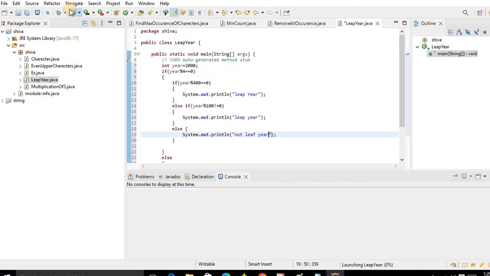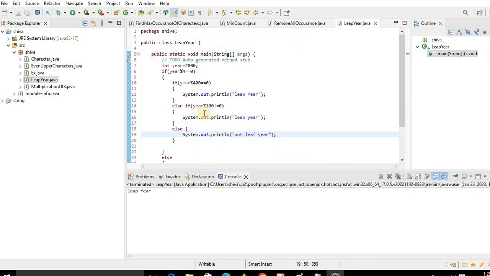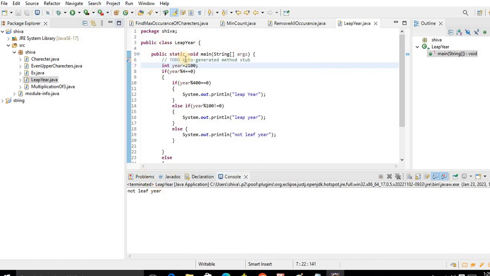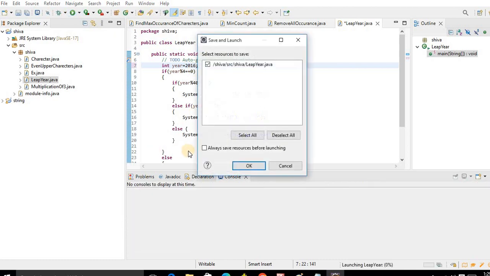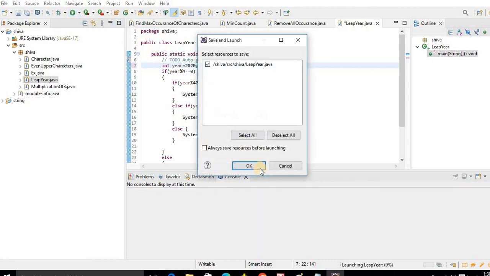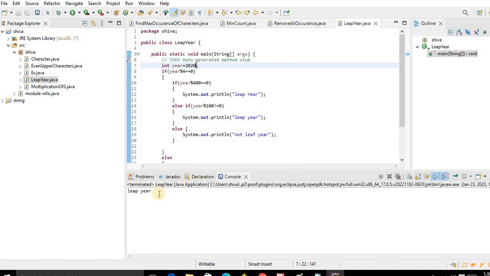Now we run it. 2000 is a leap year. 2100 is not a leap year. Next, 2016 is a leap year. Next, 2020 is divisible by 4, not divisible by 400, not divisible by 100, so it's a leap year.